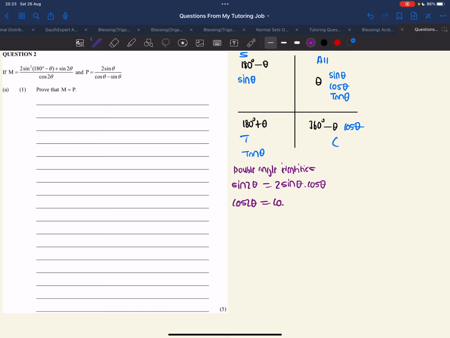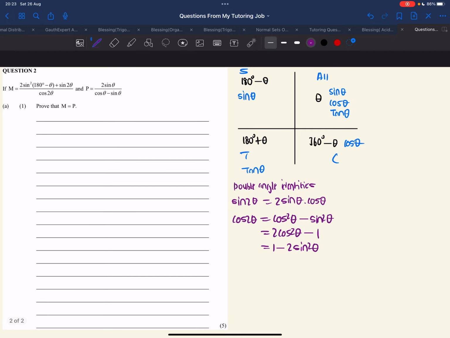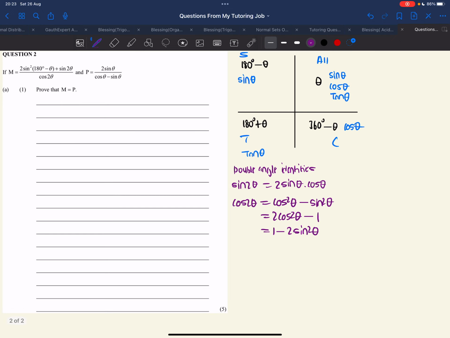The first one is cos squared theta minus sine squared theta. The other one is 2 cos squared theta minus 1, and the last one is 1 minus 2 sine squared theta. Yeah, basically these are the identities that we may need to use in the question here.